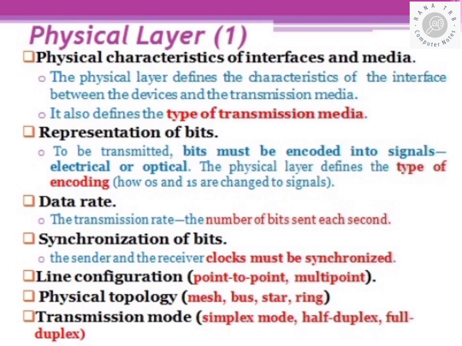Synchronization of bits, that is, sender and receiver are synchronized. Got it? The line configuration is point to point or multi-point. The topologies used are mesh, bus, star and ring. The transmission modes are simplex, half duplex and full duplex. These are some of the basic characteristics of the physical layer.